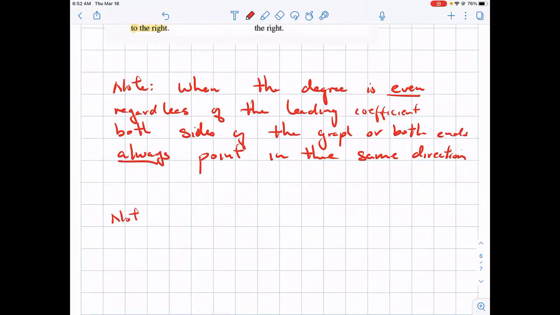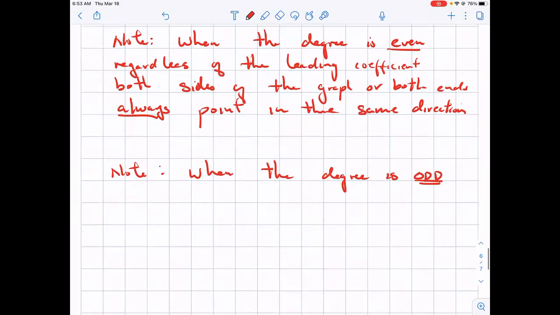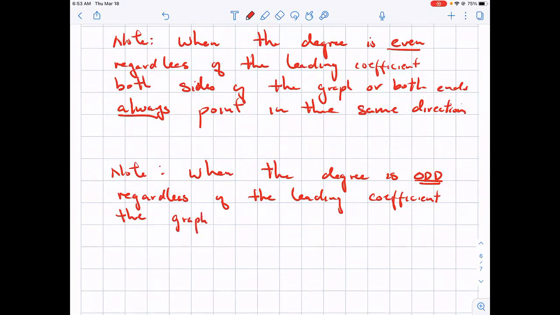And also note that when the degree is odd, regardless of the leading coefficient, the graph points in opposite directions.